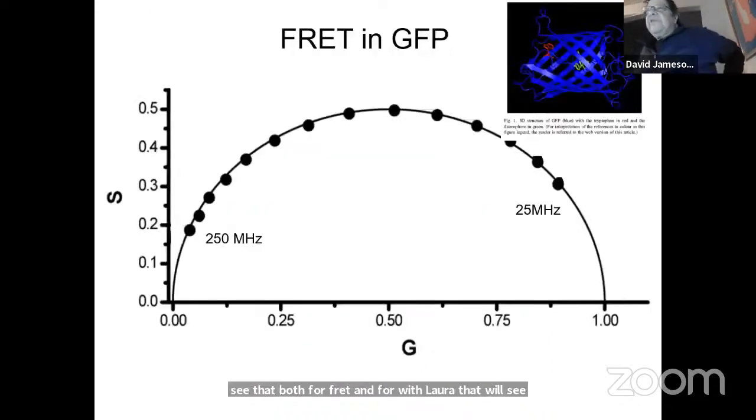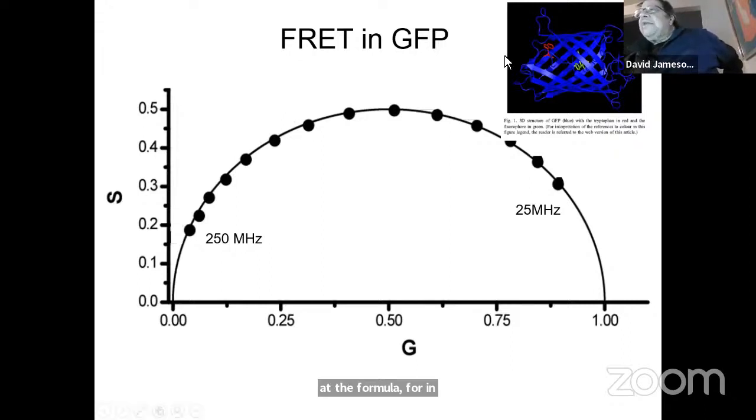Now, one of the first things we did was test this in, I think, an interesting case. We looked at the chromophore in green fluorescent protein. As most of you know, that's formed in the interior of the protein in this beta barrel structure by 3 amino acids, glycine, serine, and threonine, 66, 67, 68, I think, coming together to form the chromophore.